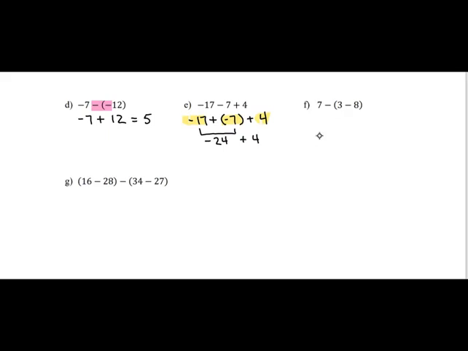Double check that you have two numbers with different signs. One is a negative, one is a positive. The negative number has the bigger value. 24 is bigger than 4. So the answer is going to be negative. And then 24 minus 4, the difference between 24 and 4 is a 20. So the answer is -20.